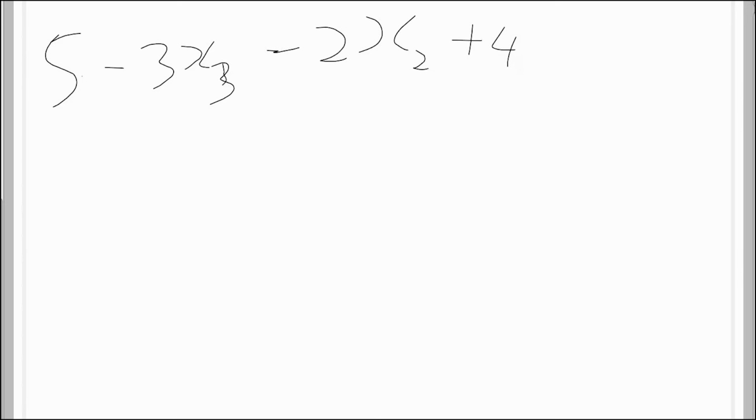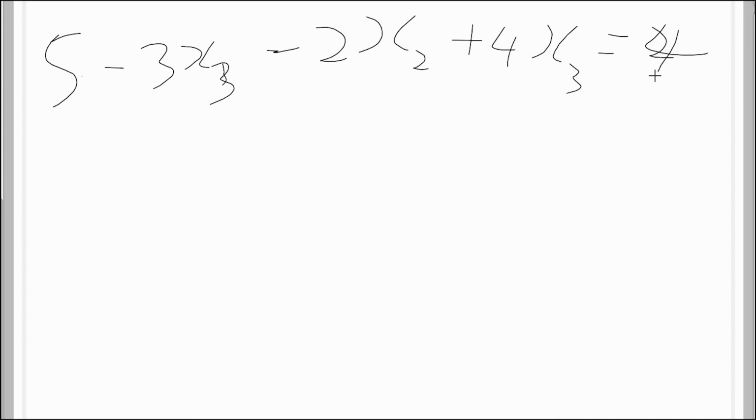So let me just erase everything. So 5 minus 3x3, then minus 2x2, we are multiplying both sides by 2, plus 4x3 is equal to 4.